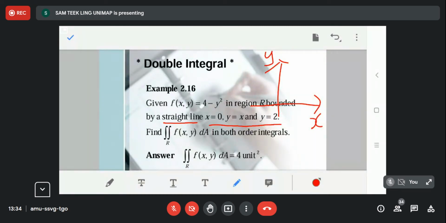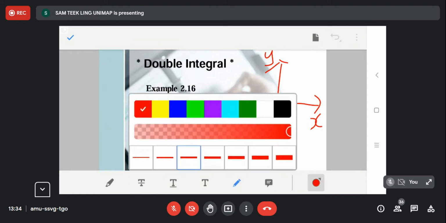Where is the straight line for x equals 0? First step, you need to sketch the region bounded by the three lines.